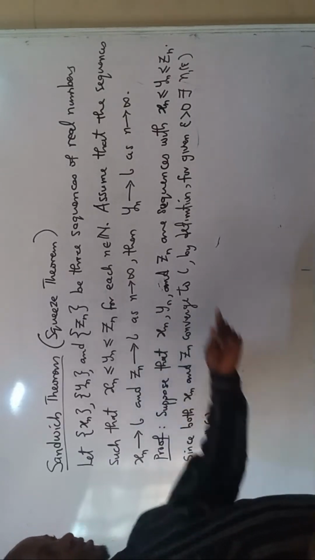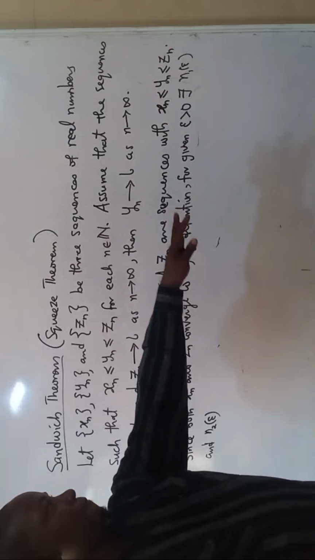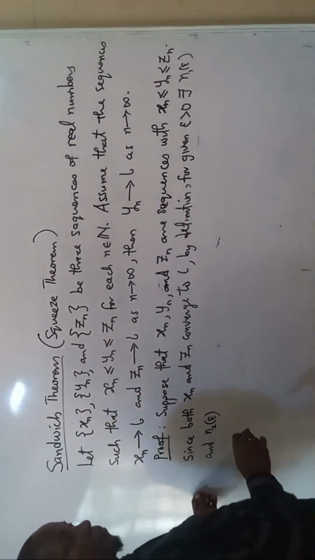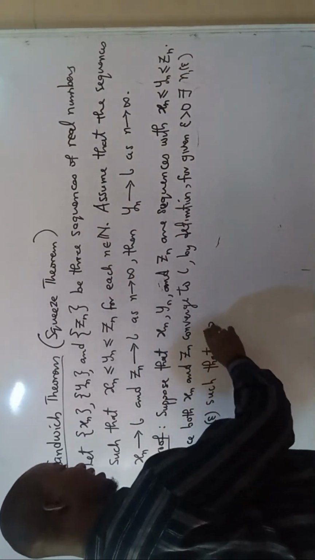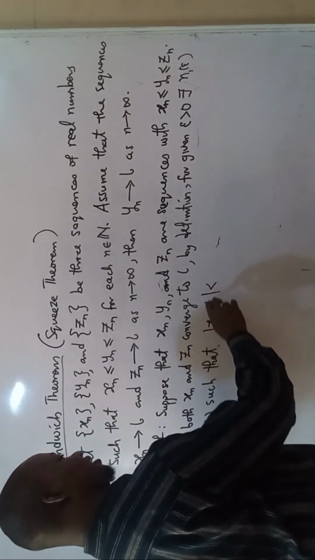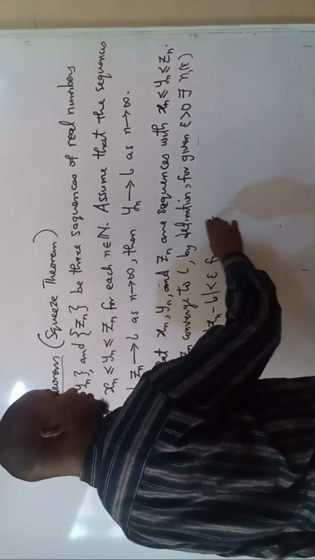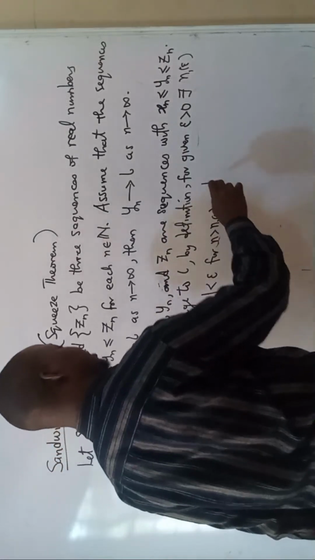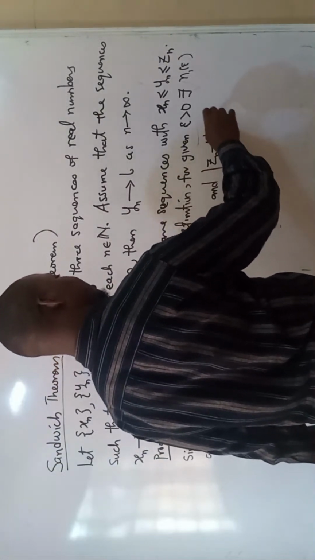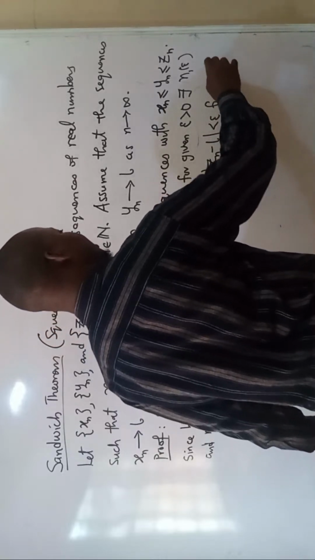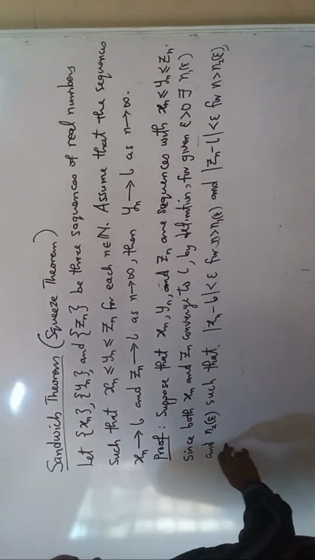That is the last index for both xn and zn, such that |xn minus L| is less than epsilon for n greater than n1 of epsilon, and |zn minus L| is less than epsilon for n greater than n2 of epsilon. These happen respectively.